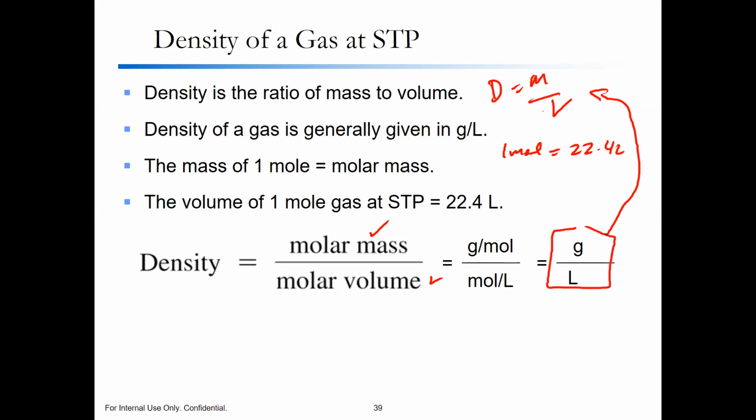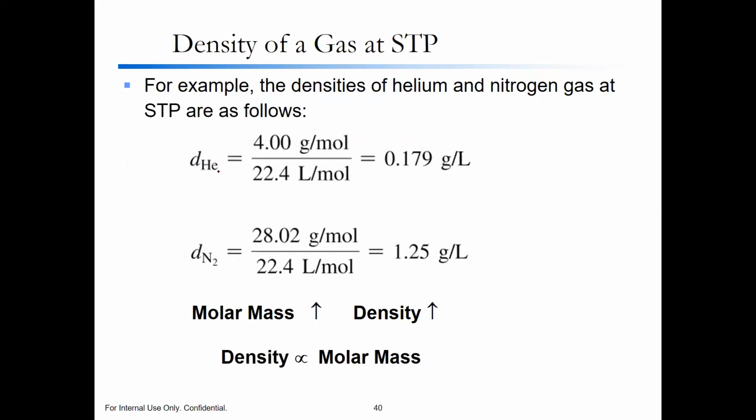Wow, that's pretty interesting. Let's see if that's actually true. Let's do an experiment. What's the density of helium? Molar mass, 4. Where did I get that 4 from? From the periodic table, right? And this density is going to be determined at STP. So we know at STP, the volume is going to be 22.4 liters per mole. That's what we put on the bottom. So do the math, and this turns out to be 4 divided by 22.4.